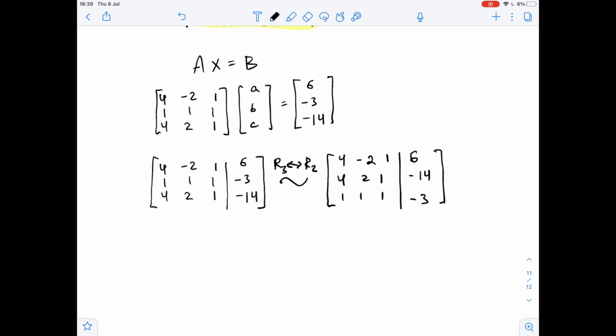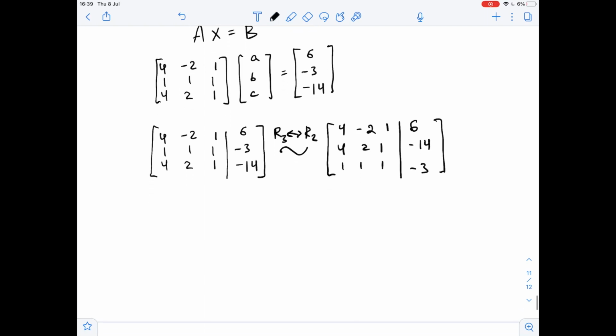Our next step is to subtract our first row from the second row. So row 2 becomes row 2 minus row 1. The first row stays the same. The second row becomes 0, 4, 0, and -14 minus 6 is -20.